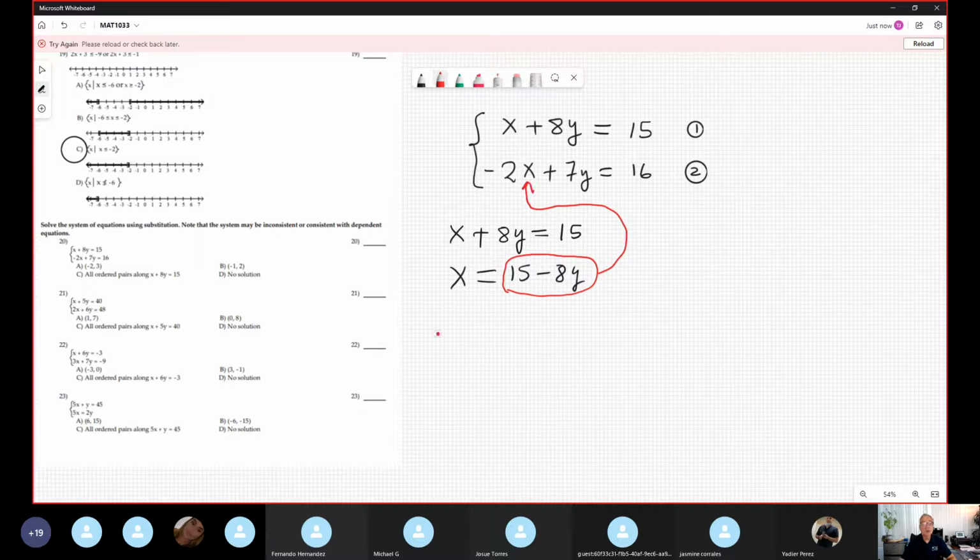Here. Now you write minus 2 parentheses. This parenthesis is important, because this minus 2 multiplies x. X is the binomial 15 minus ay, plus 7y equals 16. And so in that moment, we have a new equation.